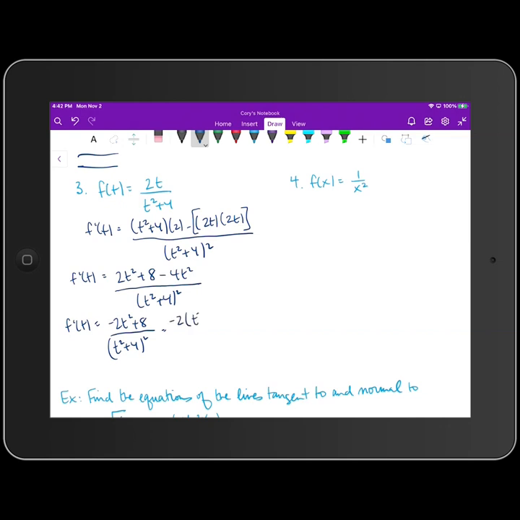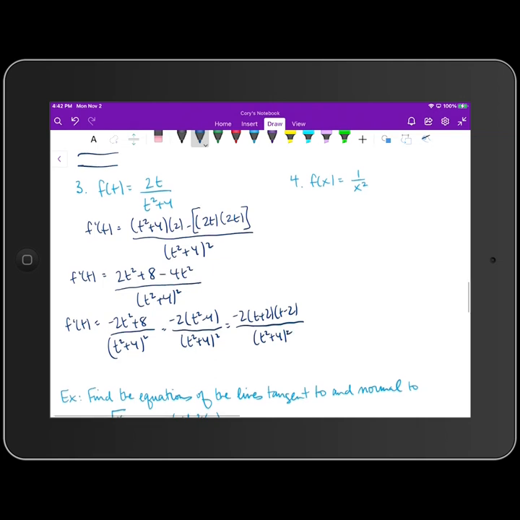And when I do so, that leaves me with t squared minus 4. And then t squared minus 4, that's the difference of two squares, so I can factor that to be t plus 2 times t minus 2 over t squared plus 4 quantity squared. All right, and that right there is our derivative simplified completely.